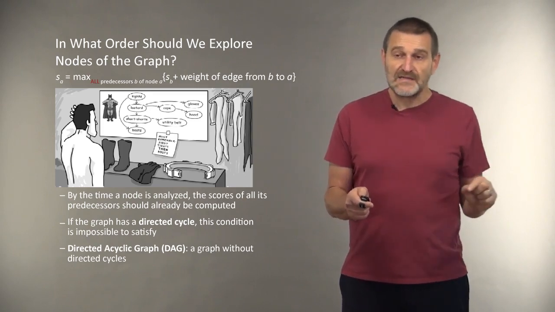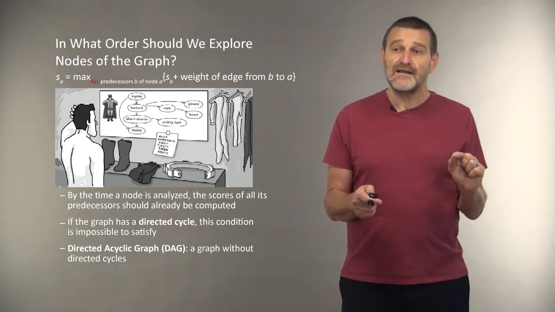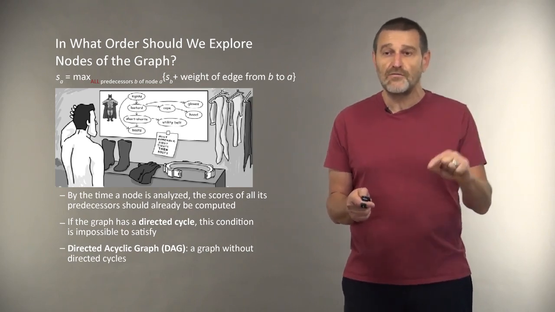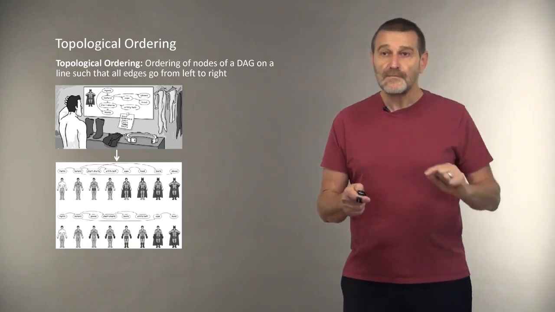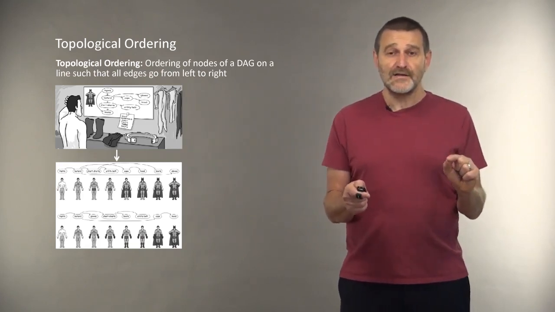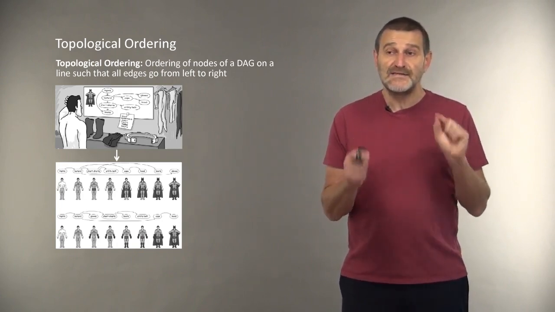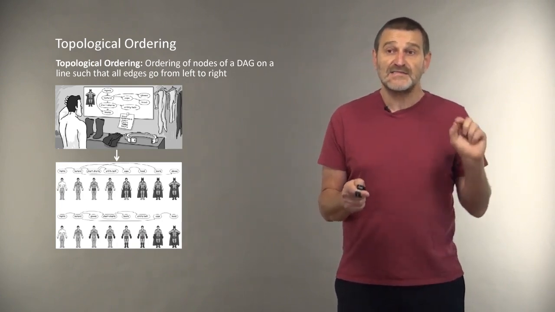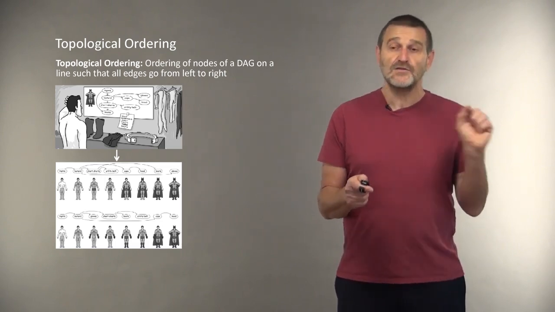In this slide, Batman is looking at a directed acyclic graph and is trying to solve a difficult dressing-in-the-morning problem. A topological ordering of a graph is an ordering of the nodes of the DAG on a line such that all edges in the graph go from left to right.